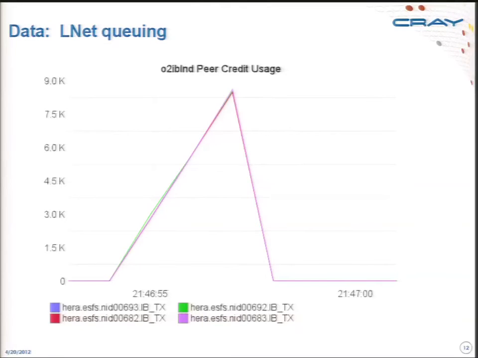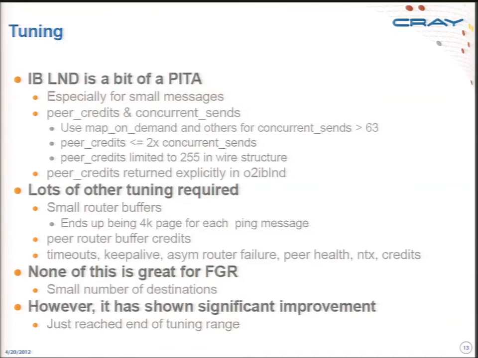So it's a fairly simple look, but our take was that the per peer InfiniBand links on the outbound side of the router were really where the queuing was happening. Some of the tuning you can do to help that per peer link revolves around the InfiniBand LND. It is a bit challenging to get this tuning right.